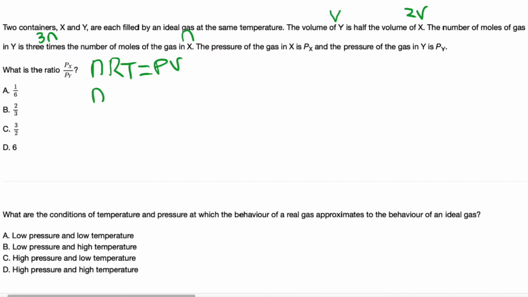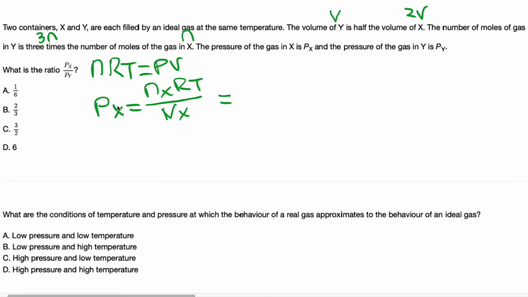So P sub x is going to be equal to number of moles at x multiplied by R constant, T, divided by volume at x, right? And this is going to be equal to what?